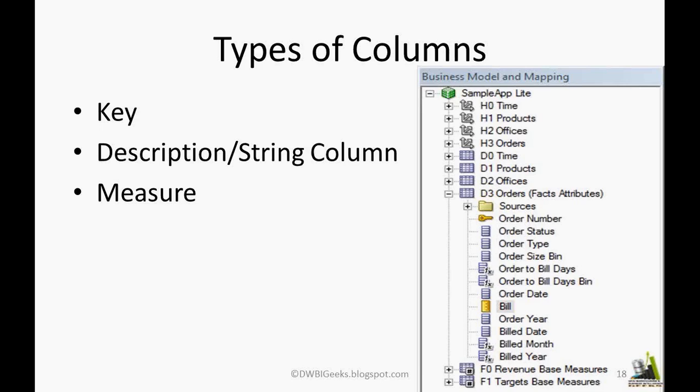And the most important type of column is the measure column. A measure column is the column that keeps on varying depending upon the growth of our business or the number of transactions. Like, in an e-commerce perspective, that is sales. In a banking perspective, that will be the amount in a transaction.